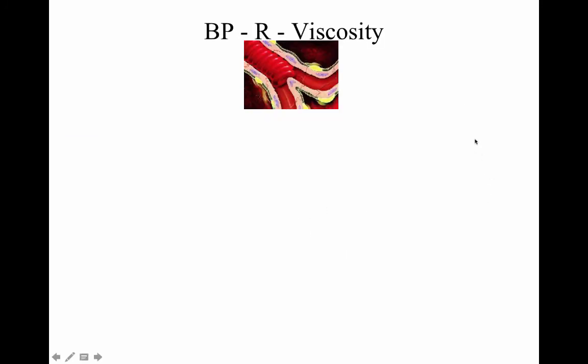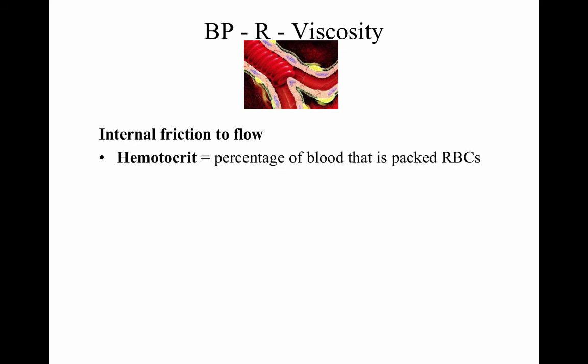In relation to blood pressure, resistance, and viscosity, we see that there's internal friction that affects the flow of blood. So just natural frictional resistance inside vessels. Then we look at hematocrit, which shows us the percentage of blood that is packed with red blood cells. We would expect that if we have an increased hematocrit, we have increased viscosity, which increases resistance, which decreases our cardiac output.